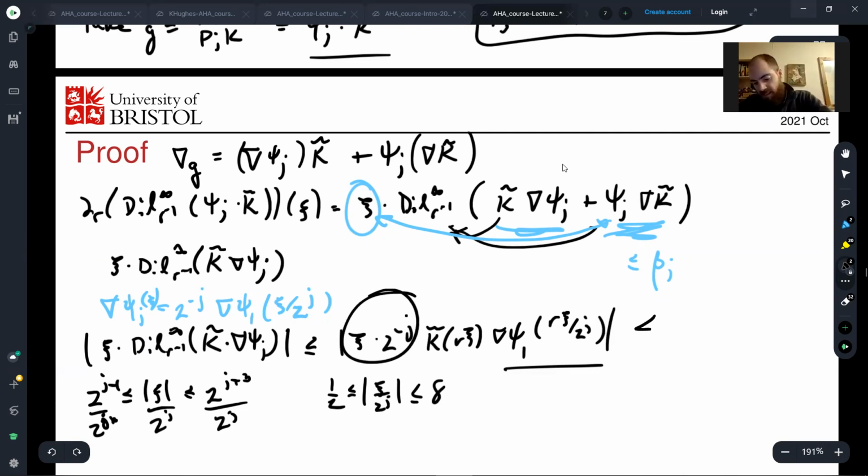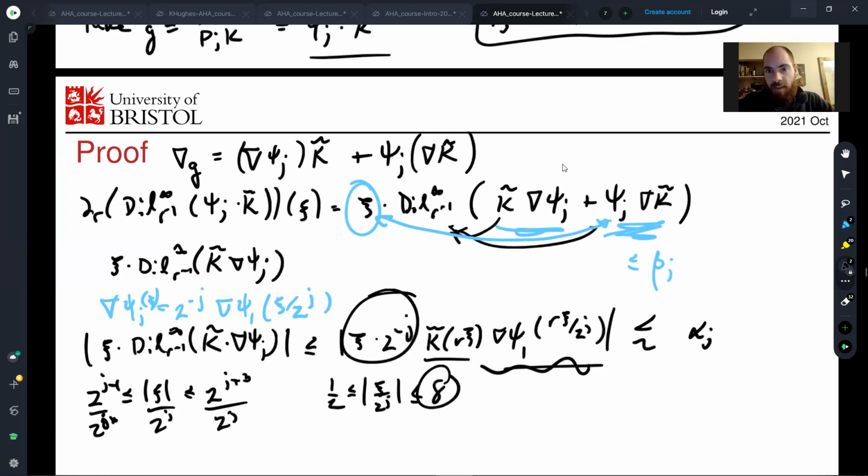And what we end up getting is that this is just up to some constants depending on phi, and hence on psi. And this h here is at most alpha_j, because alpha_j is the supremum over the Fourier transform of k in this range. Phew.